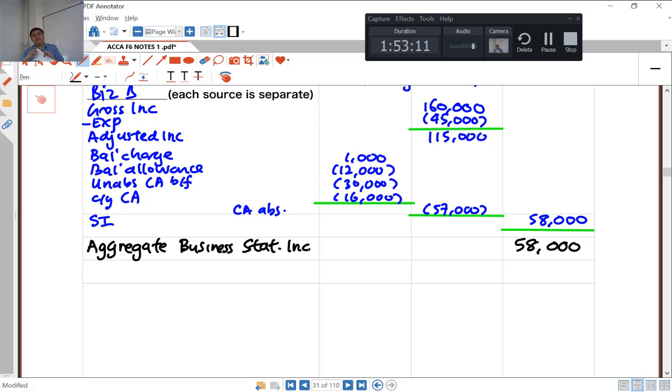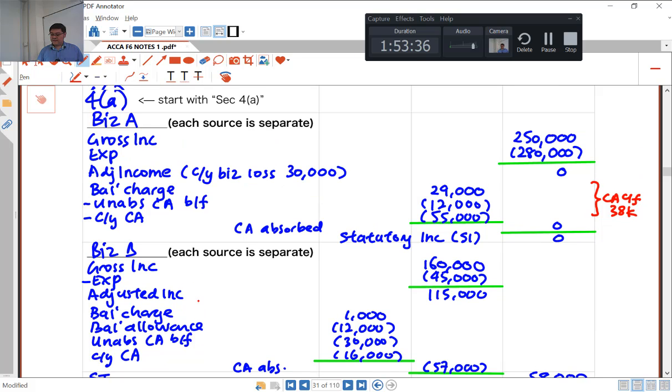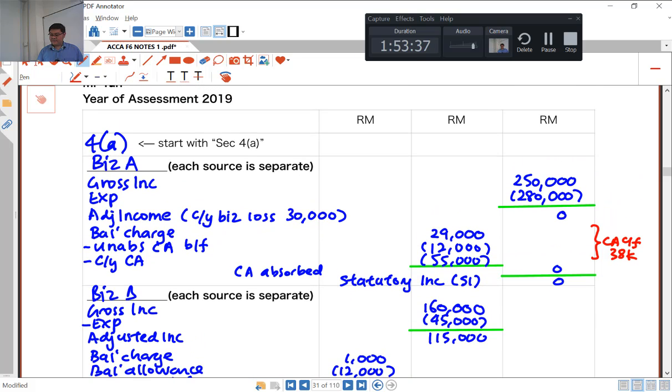Okay? Now, and why do you need this figure? Now, this is the figure where we will claim unabsorbed business loss brought forward. That's where the figure comes in. The unabsorbed business loss brought forward. So you minus here. Now like this question is 2019.